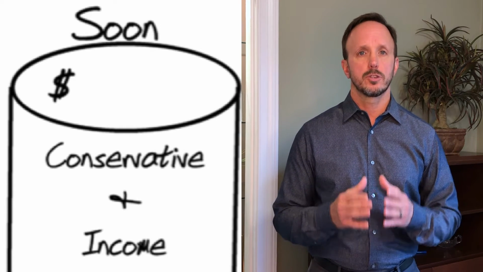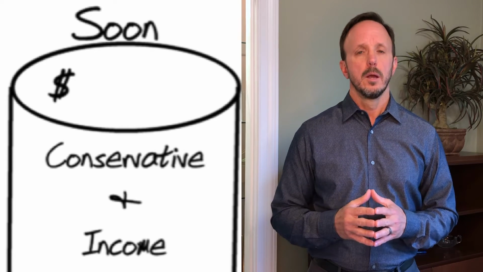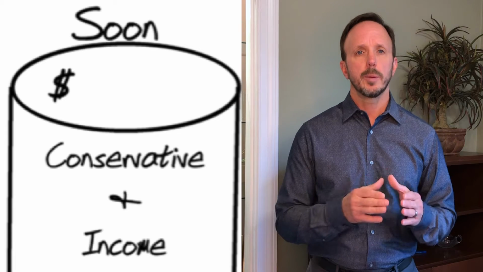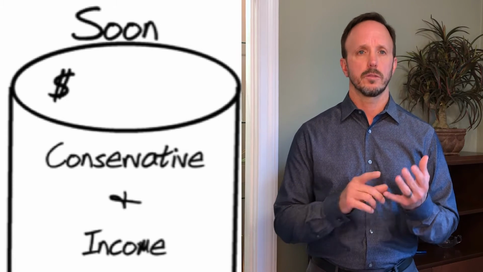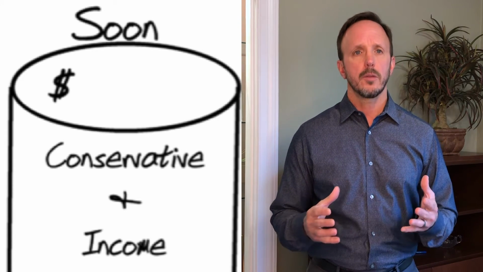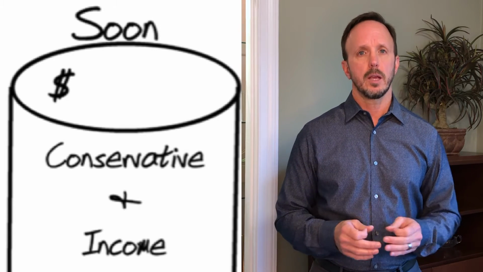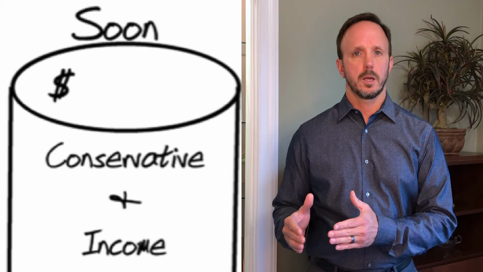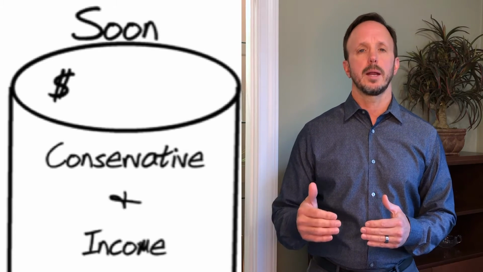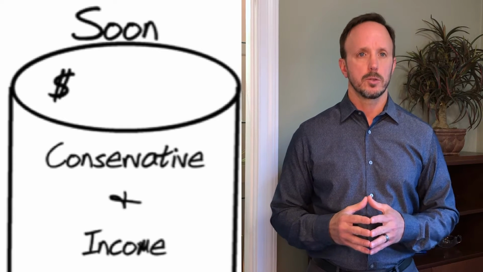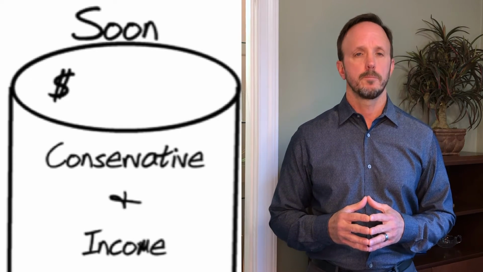Average returns should be higher than in the now bucket, providing a baseline of income and an inflation hedge, helping to offset the rising costs of gas, groceries, and other daily living expenses. Yet, by investing conservatively, you reduce your sequence risk, the risk of taking out money at a market low, as this account should not be exposed to extreme market fluctuations.